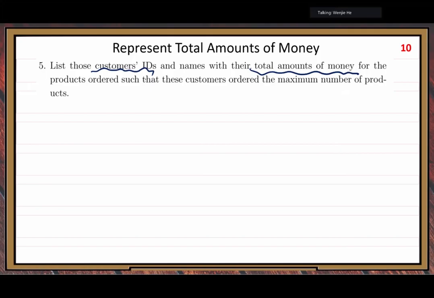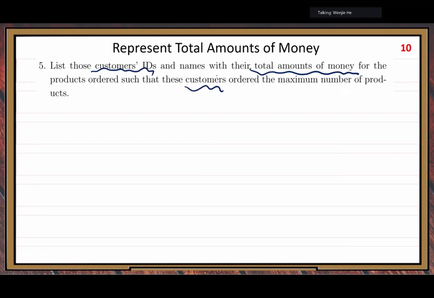When you do the counting calculation, based on employees or based on customers is different. So here, total amounts of money, products ordered, but here based on the customers, not employees. So you do not need to mention any employee.